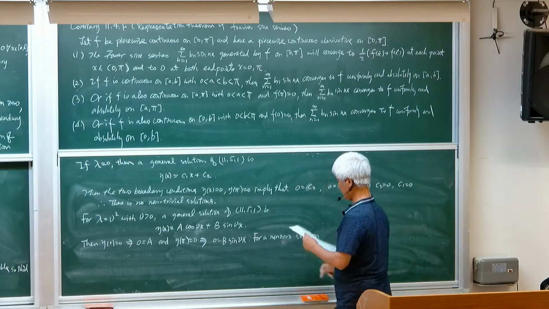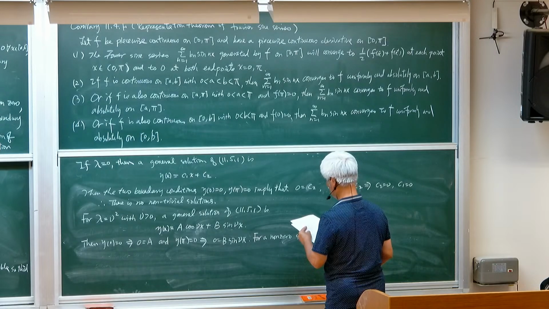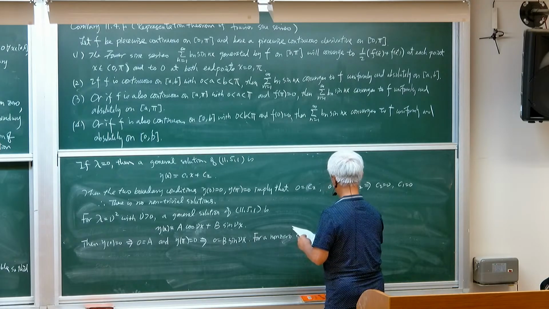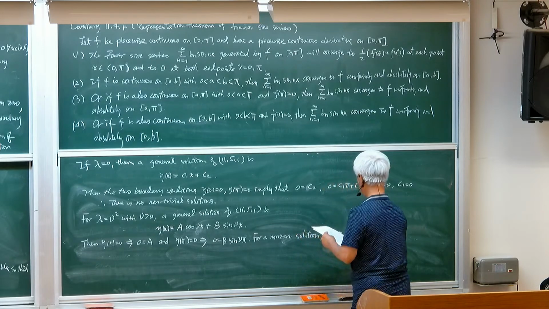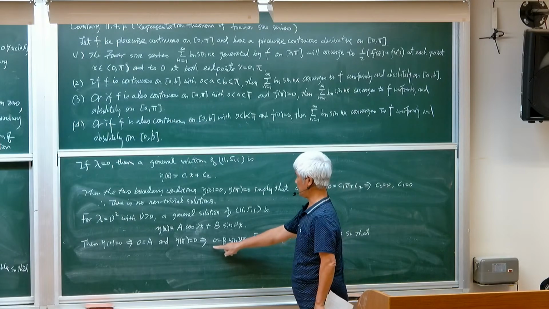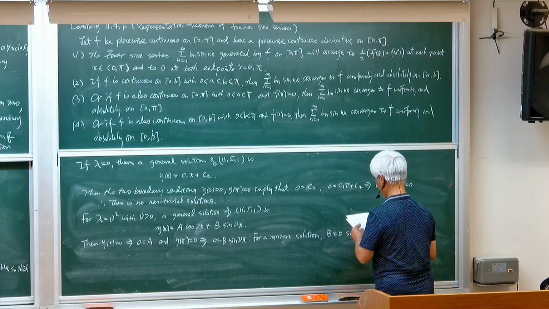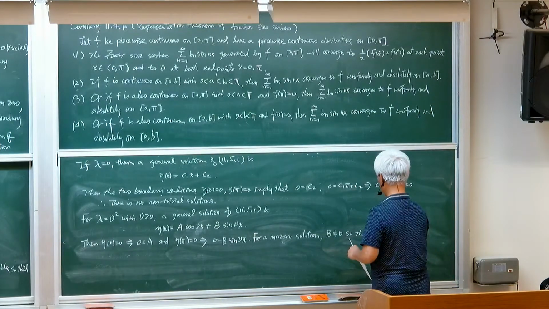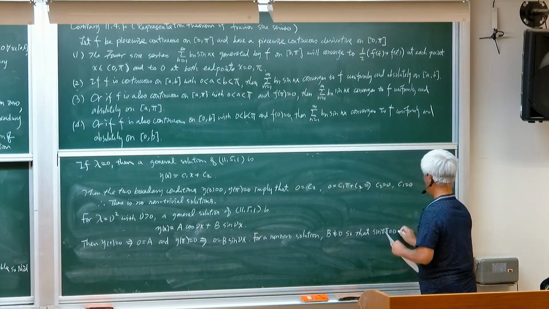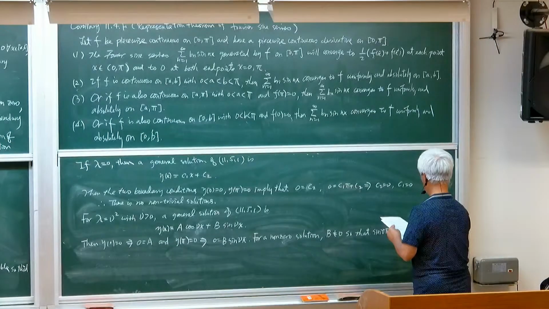So when B is non-zero, we have this equation so that sine mu pi must be 0, which implies that mu should be equal to integers.